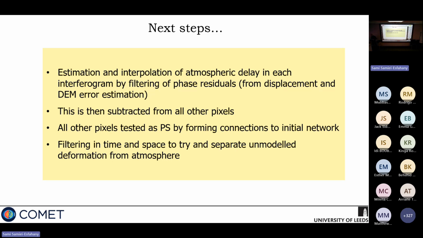And you can subtract that from everything then, and then test every pixel in turn to see whether it's a PS, in the same way. So you make this arc, so you find the nearby PS, you calculate the phase difference in every interferogram, and then you see if you can fit a nice velocity and a nice DEM error to it.